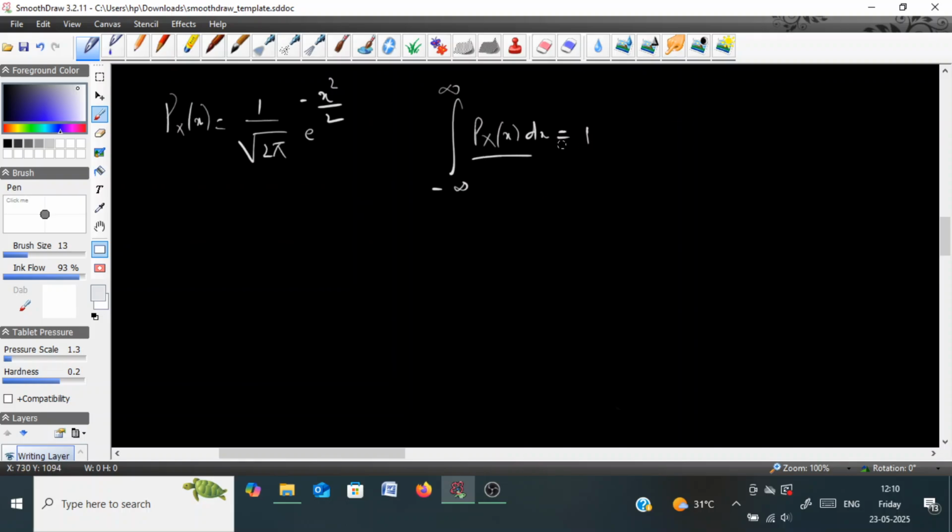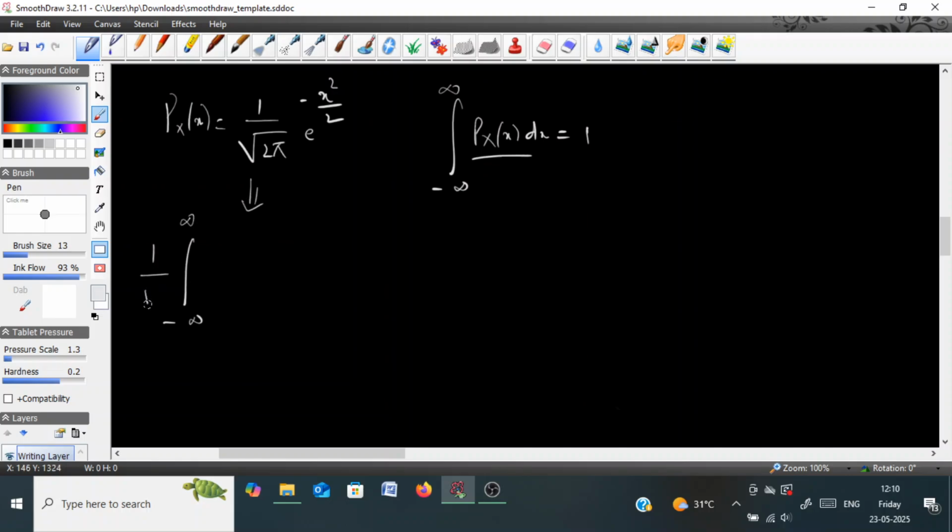The area under this curve is unity, so it can be taken as a probability density function.